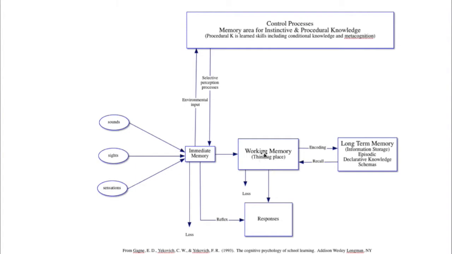Now, the process for getting information from working memory over to long-term memory is called encoding. In the example that I used, I said the number was 85047.